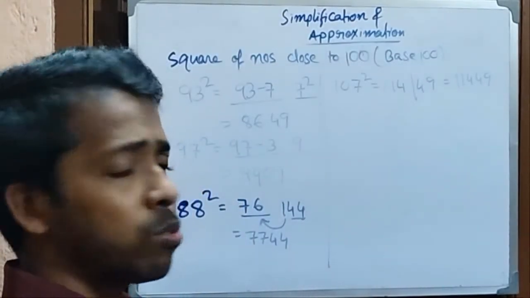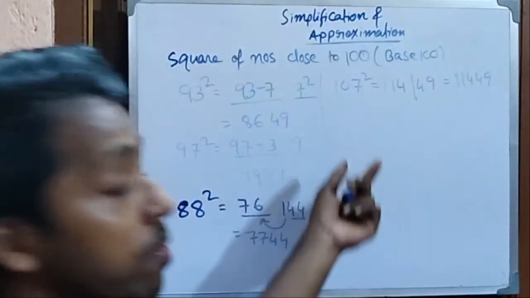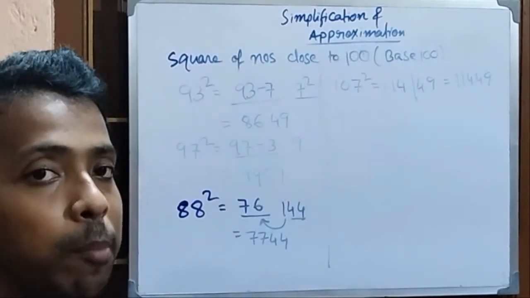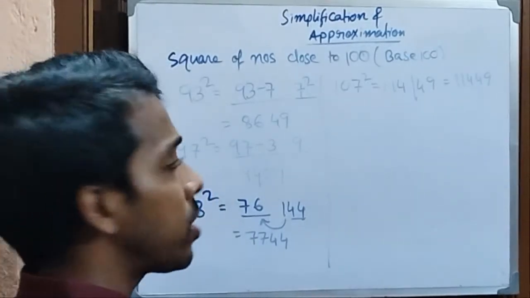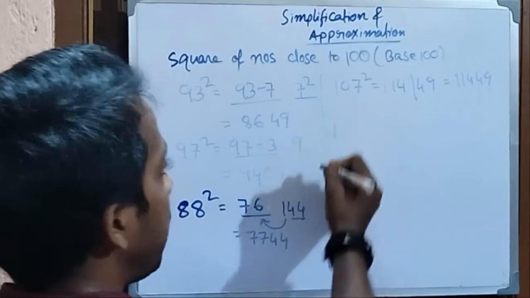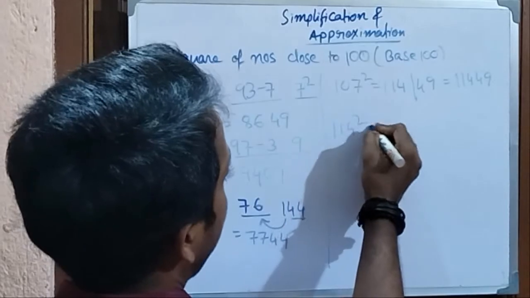Practice some questions and this will become very handy. And 107, 109 square would also play in the back of your mind. If you practice on a daily basis some 10, 12 repetitions written on paper, that will be sufficient enough. Now 114 square.